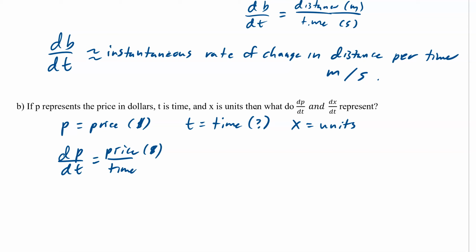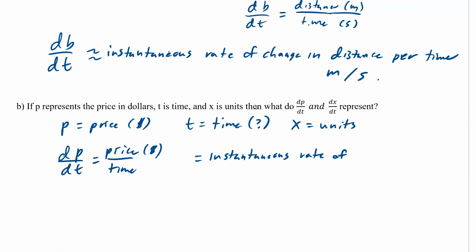So dp dt would represent our instantaneous rate of change. And you don't have to say instantaneous rate of change. You can just say it's the rate of change in price per dollars. We all know what it means. So it's the price per time.